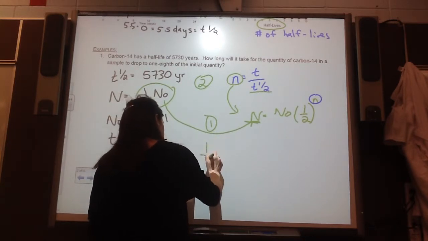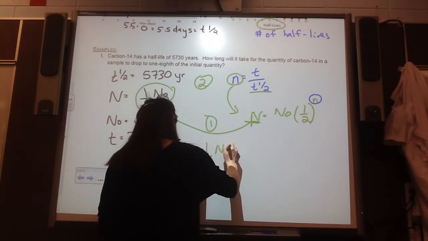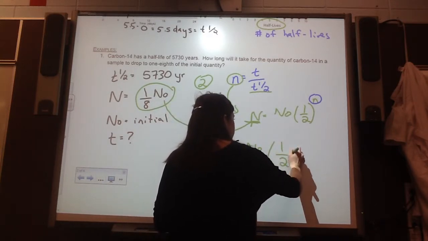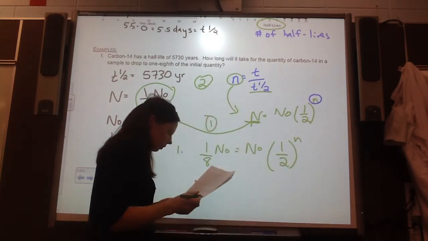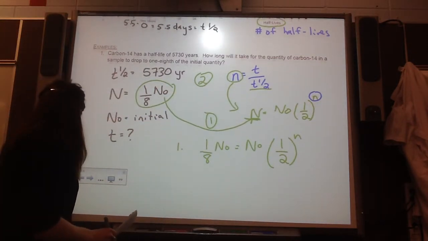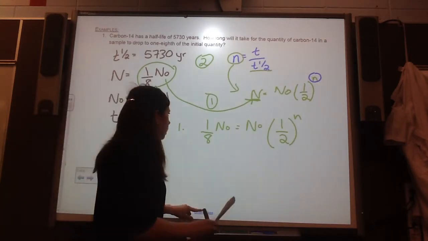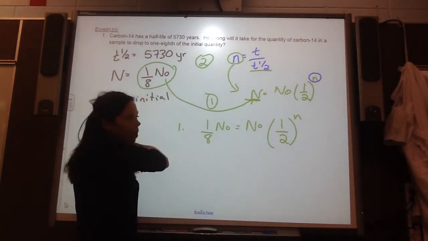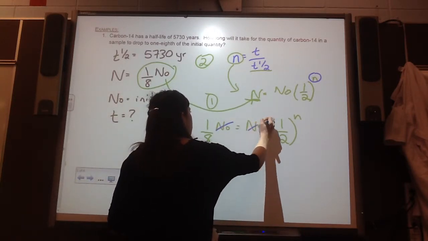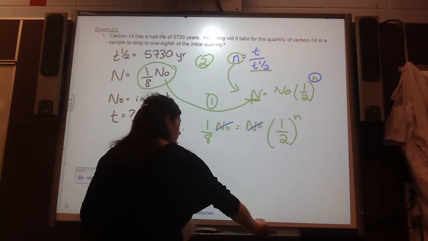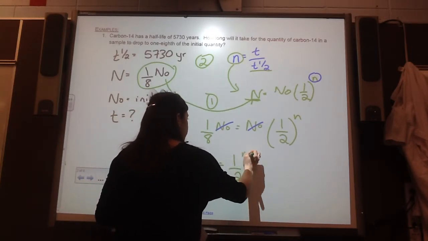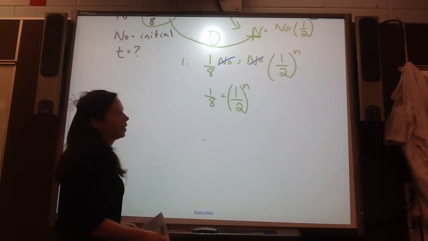So we'll go 1/8 N naught is equal to N naught times 1/2 to the power of n. A little bit of simplification before we have to put it into log. Now that I have N naught on both sides, I'm going to cancel that. So now I have 1/8 is equal to 1/2 to the power of n. Now we have to put it into log.